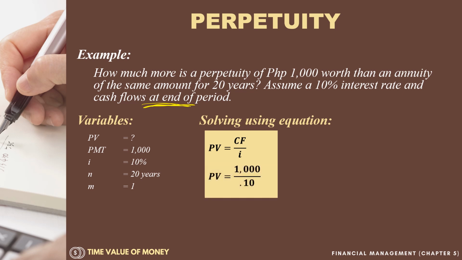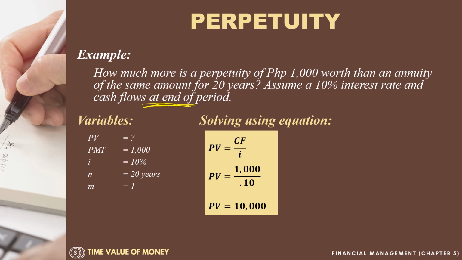Translated into figures, we have 1,000 divided by 0.10 or 10%. Using your calculator, compute for the perpetuity. Okay, so you have 10,000 pesos.